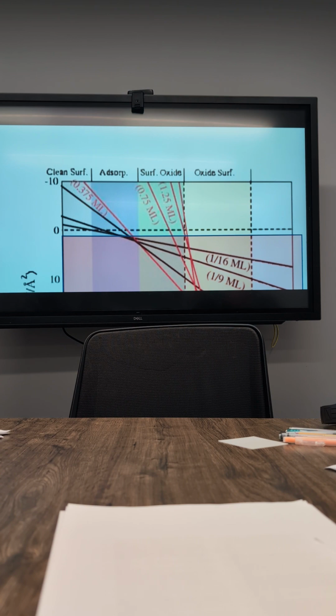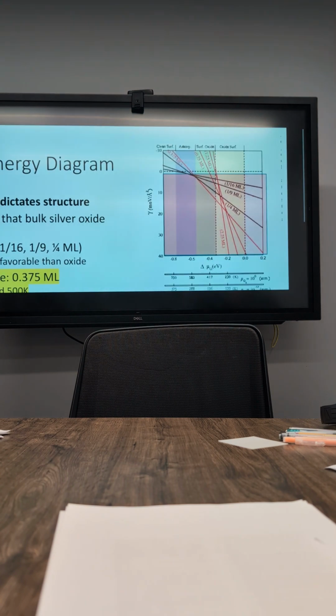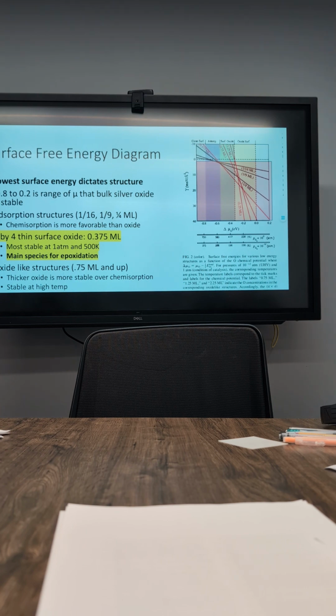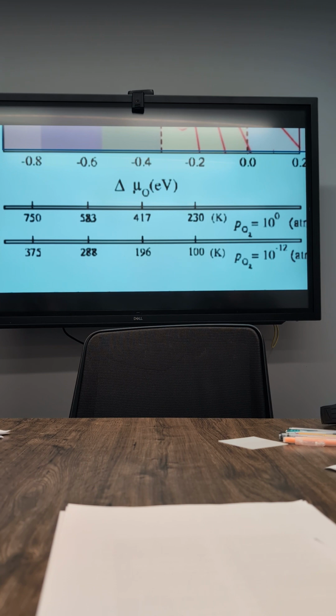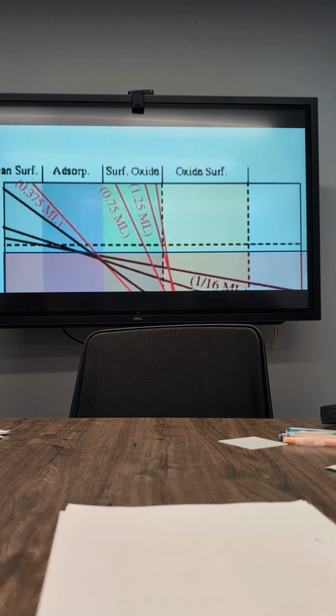So think like the perfect combination of absorption and oxide. That's going to be that 4x4 structure. That's super stable at room pressure and 500 K, which correlates the temperature based on chemical potential down here. So 500 K is going to be right in between there, and if we go up, it's right on that line.